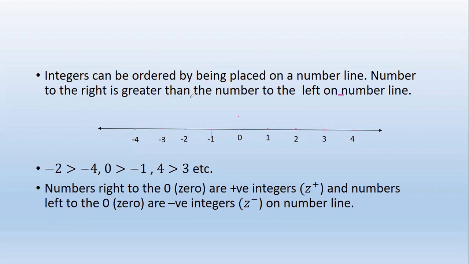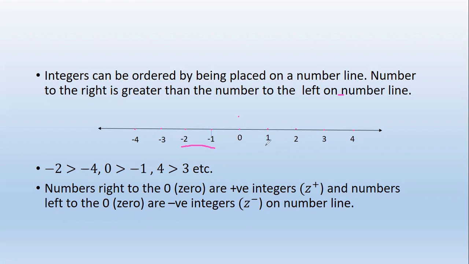A number to the right is greater than a number to the left on a number line. Here, for example, if we take these two numbers, minus 1 is right of minus 2. So minus 1 is greater than minus 2.